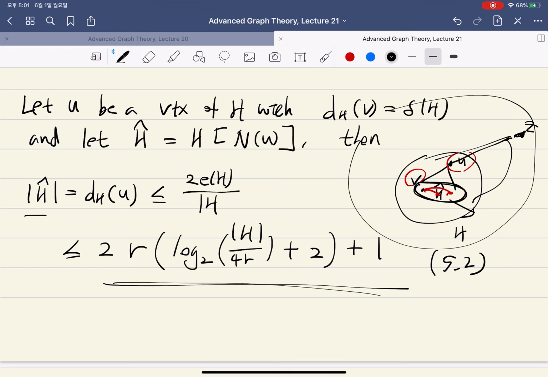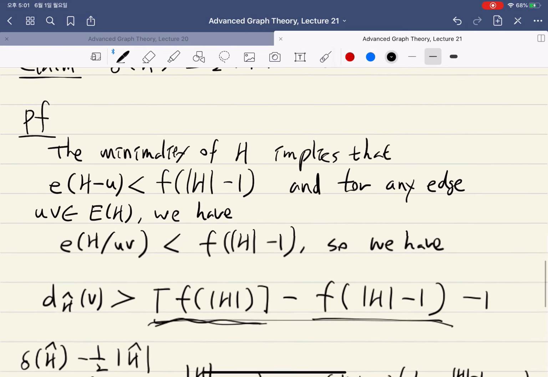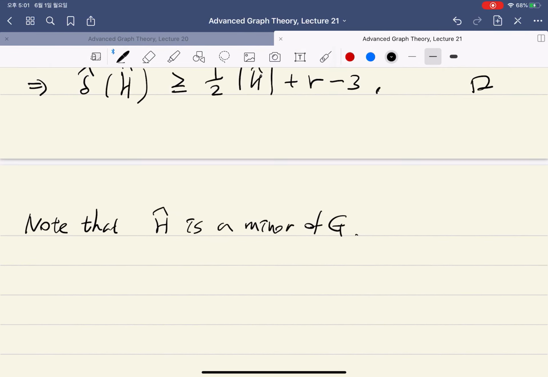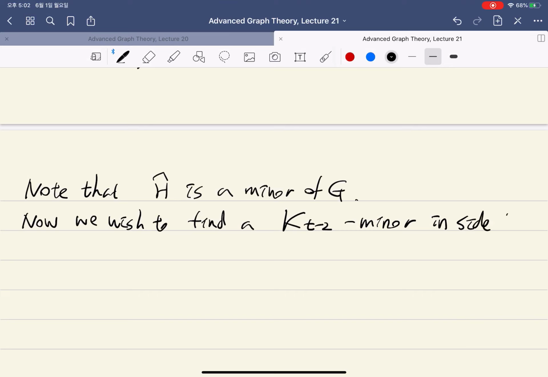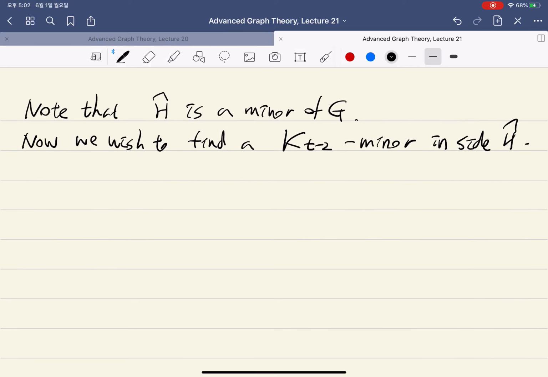So U and G are outside, which are all adjacent to the vertices in H hat as a minor. So now we want to find a K t minus 2 minor inside H hat. Together with the previous vertices G and U, this provides a KT minor.